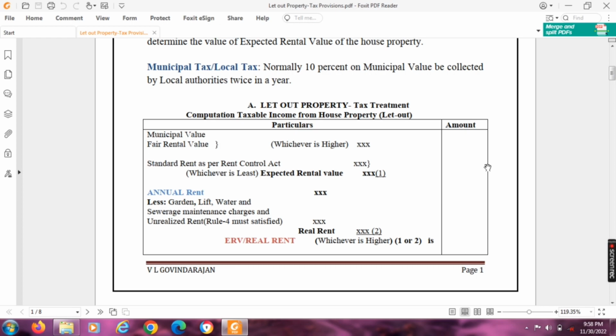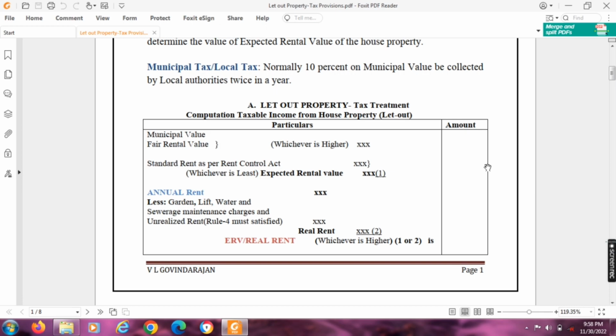Rule 4 must be satisfied for unrealized rent; we have to deduct these expenses. The property which is let out, this amount will be deducted from the annual rent. So the balance value is called the real rent.